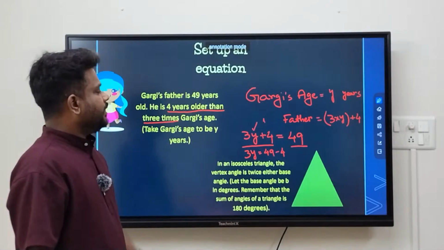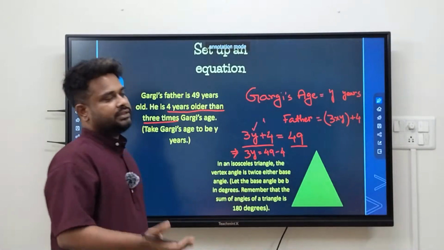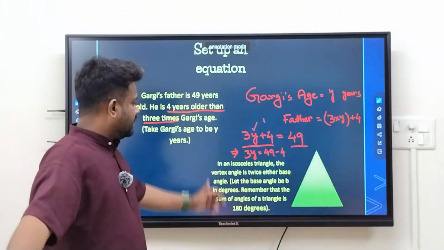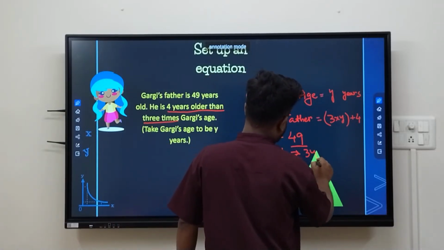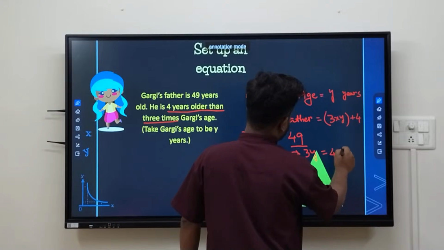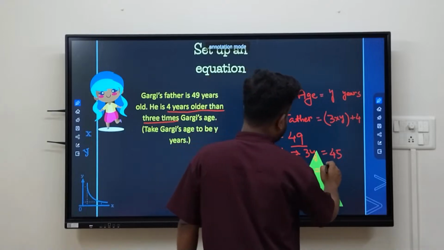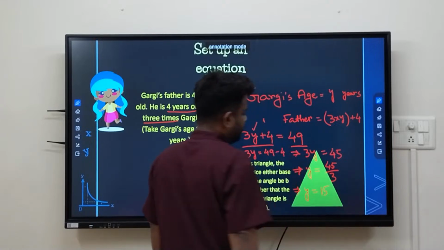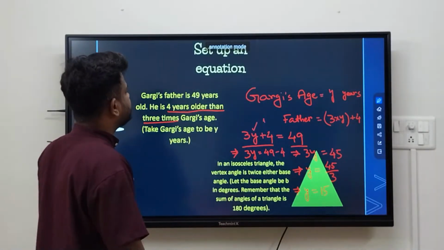Why? Because the plus sign becomes minus after changing sides, and this is the transposition rule, which we will also get to know in the next slides. So 3y equals 45. Then y equals 45 by 3, and the answer will be 15. So Gargi's current age is 15 and her father's age is 49 years.